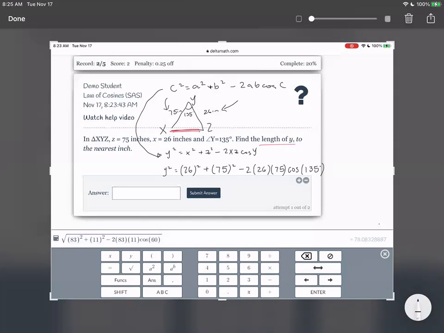And then to get y by itself, we're going to square root everything, so y is equal to the square root of 26 squared plus 75 squared minus 2 times 26 times 75 times cosine of 135.